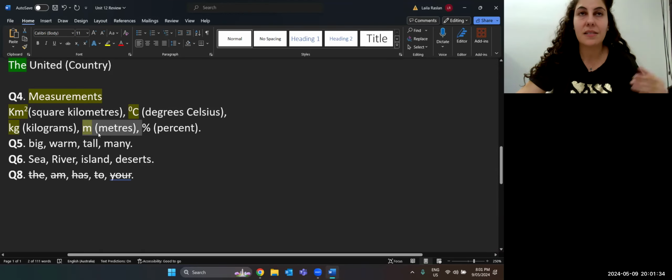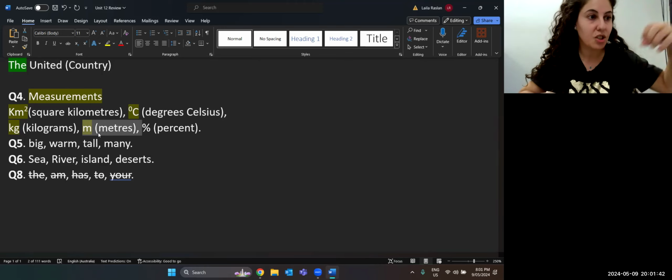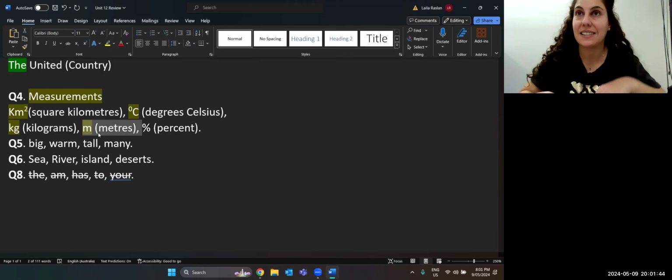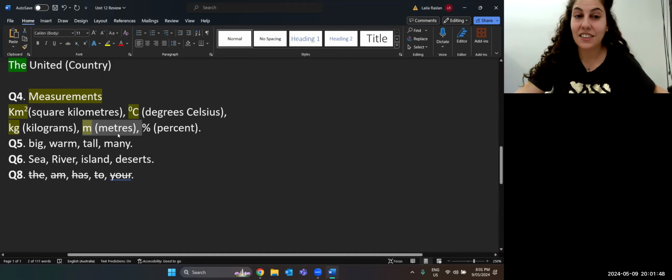Or my house is 100 meters from the shop or something. So I'm talking about from this point to another point, how far is it? Meters. Now again, in the USA, they use a different measurement. They use miles, okay? We say in Australia, meters.